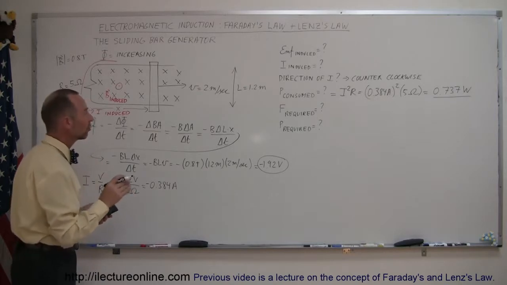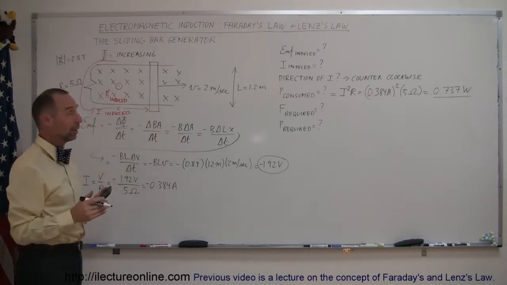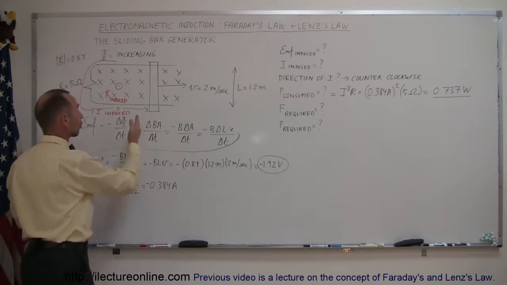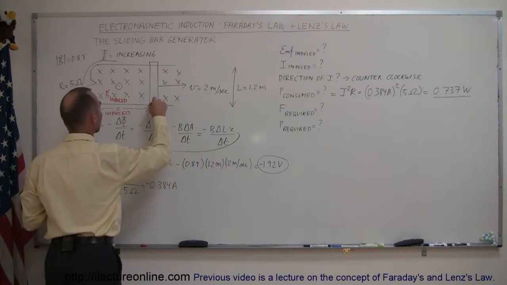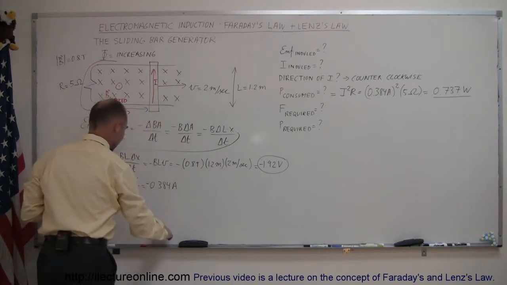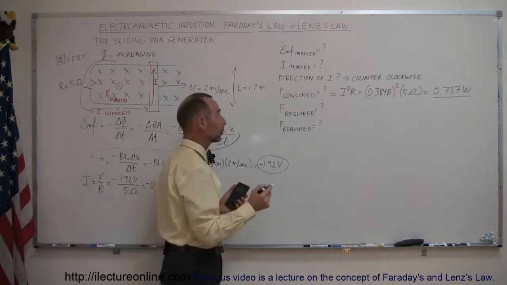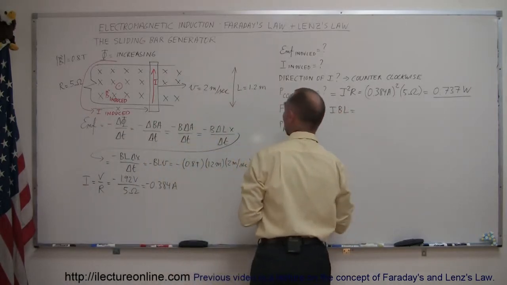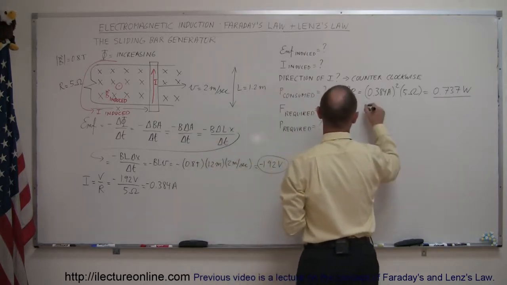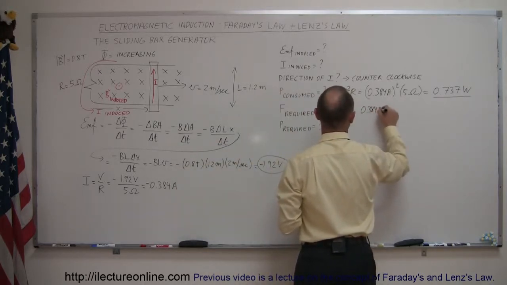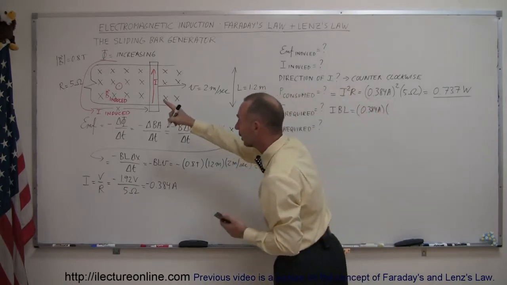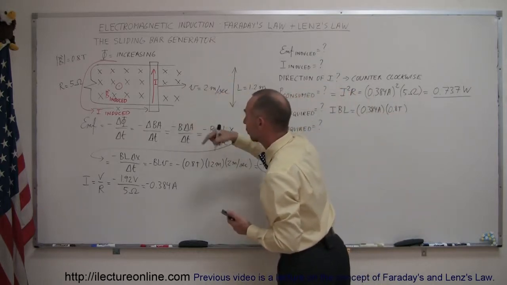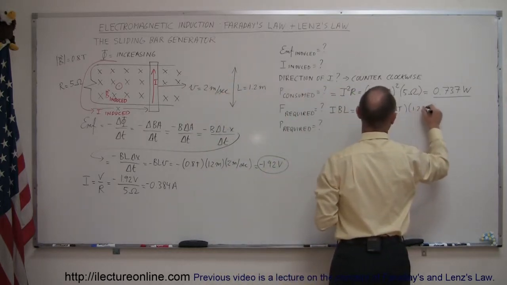Now, how much force is required to move the bar to the right? Well, that force will be needed to overcome the force that's on the bar in the first place, because there's a current flowing through the wire. The current is going this way, and that will cause a force. The force on a current-carrying wire is equal to I times B times L. In this case, the current is 0.384 amps, the magnetic field is 0.8 teslas, and the length exposed to the field will be 1.2 meters.